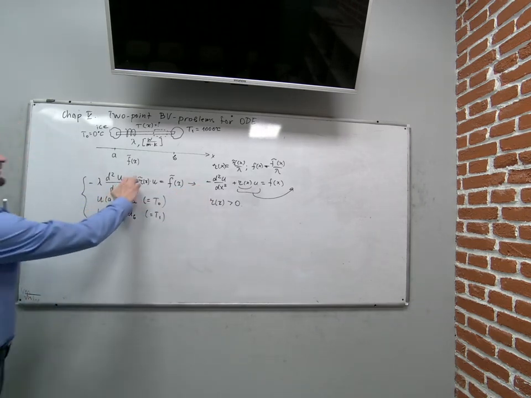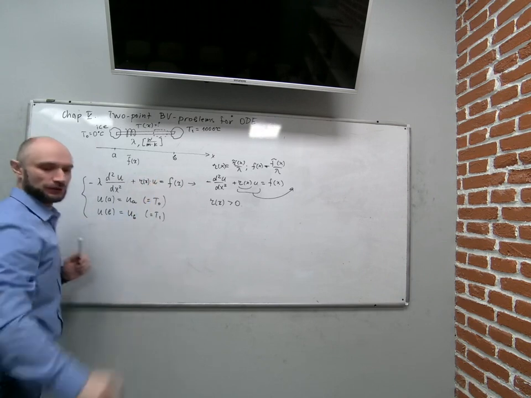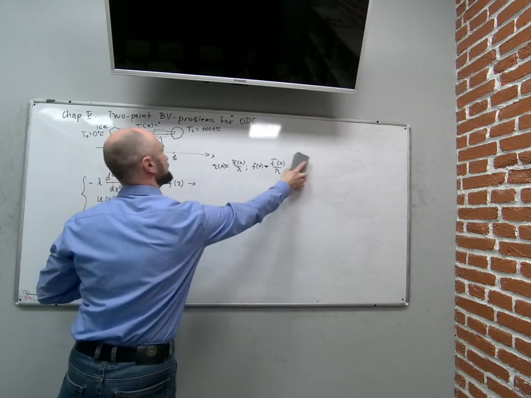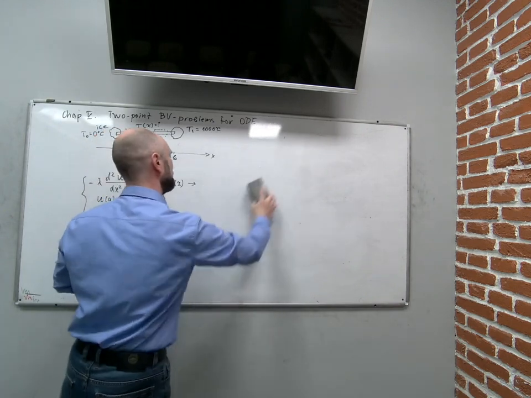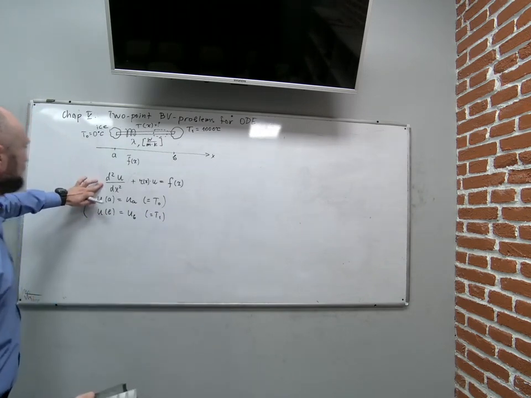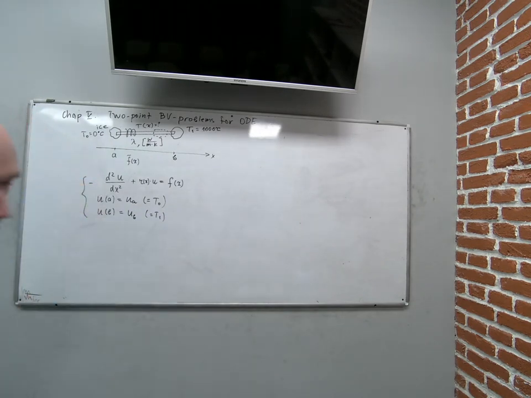So I will remove tildes from here and remove this intermediate writing from the right. Okay, and I will remove lambda from here. So we need to solve this kind of problem.